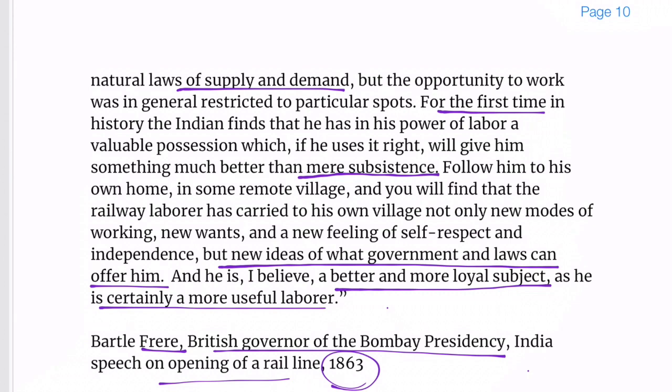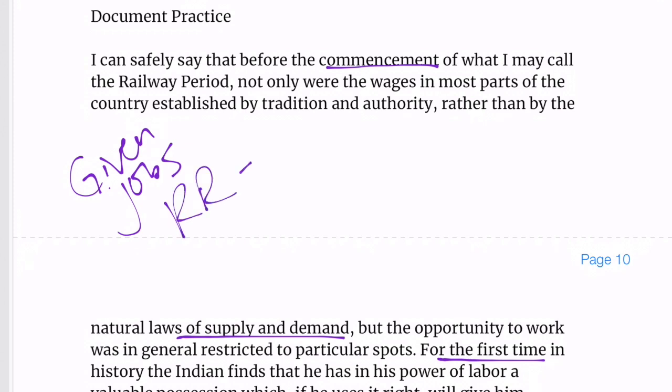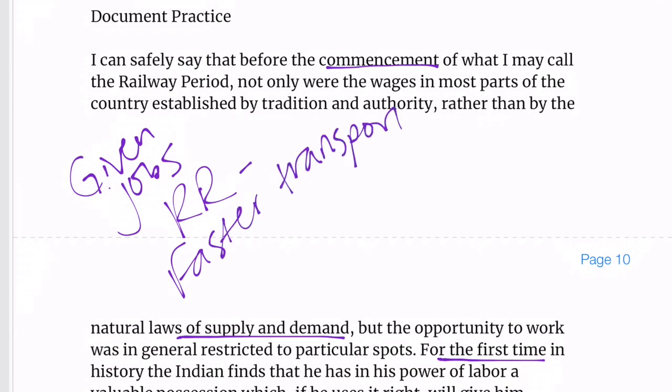So basically, it's the British government saying, hey, look at what we've done for you. We've really helped you out. We've given you jobs by putting in the railway and provided faster transport of people and goods, right? So here's the benefits of what we have done.